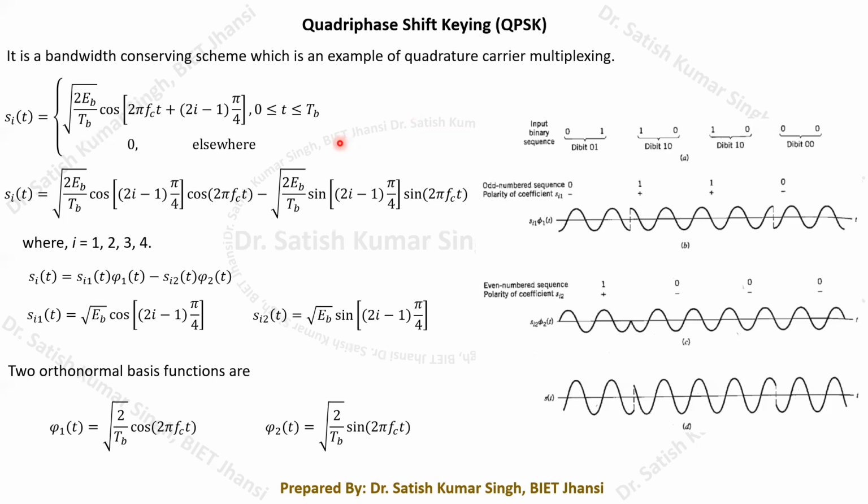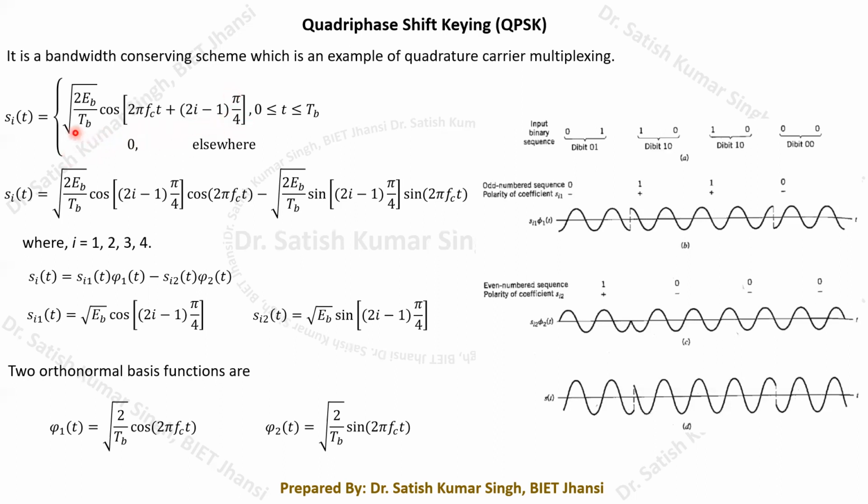Let us first look at the mathematical expression. In the case of the QPSK technique, the signal is defined by this expression: root over 2 E_b by T_b, times the cosine of 2 pi f_c t plus (2i minus 1) pi by 4.